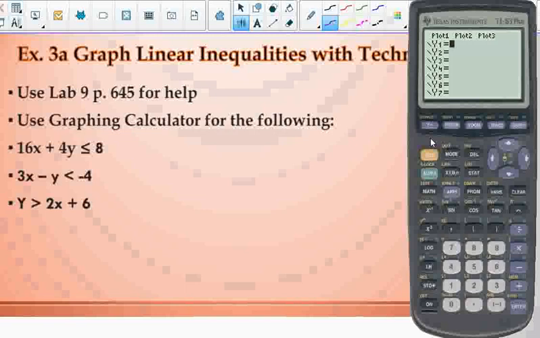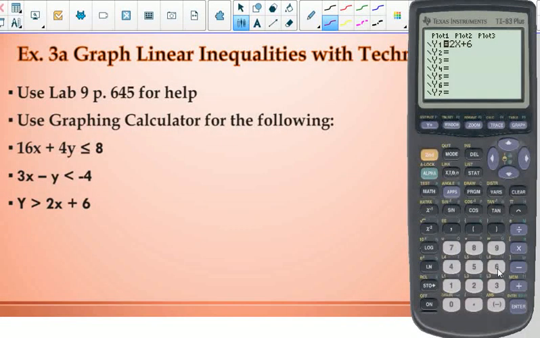Now, in order to do these, you need to make sure that your inequalities are in y equals mx plus b format. So this third one right here is already in y equals mx plus b format. So I'm going to put that equation in here. So I have 2x plus 6, and it's got to be greater than.